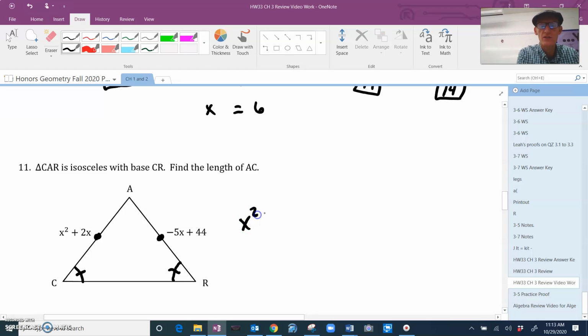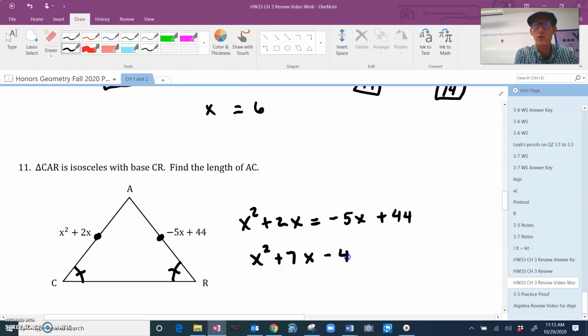Here's the equation from the facts: x squared plus 2x equals negative 5x plus 44. So I'm going to add the 5x and subtract the 44 and set this equal to 0. That's how we solve quadratics. x squared plus 7x minus 44 equals 0 is what I get.